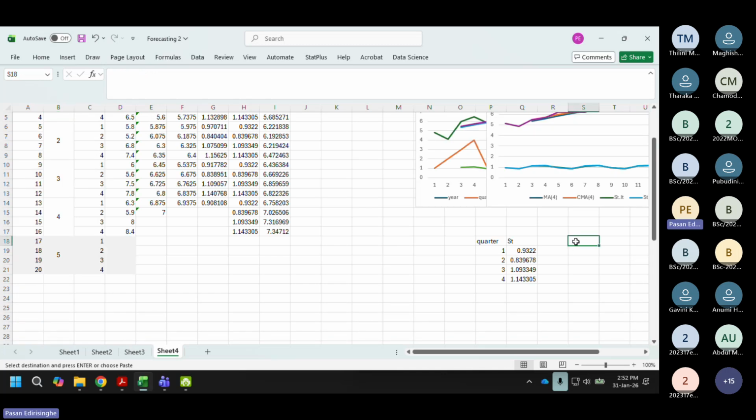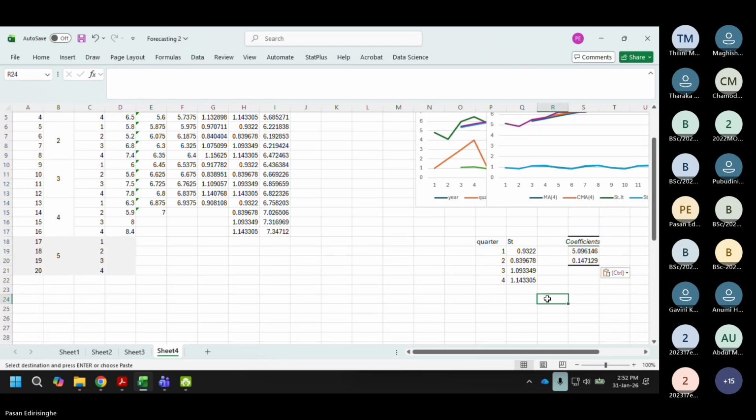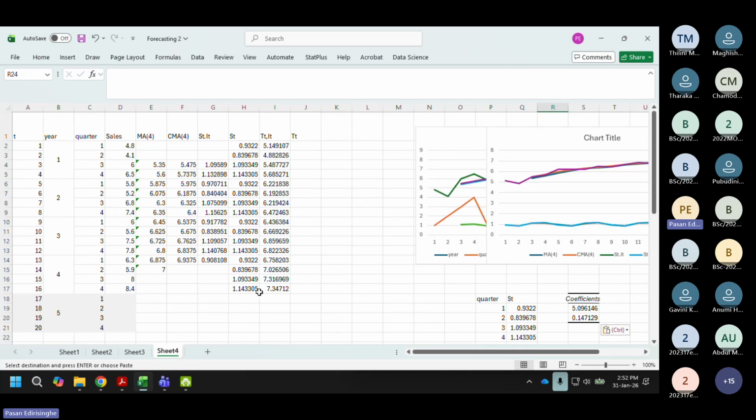So I can use them here as my coefficients, right? So now I can use these coefficients for this regression line here, right?